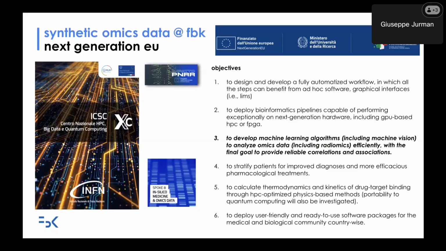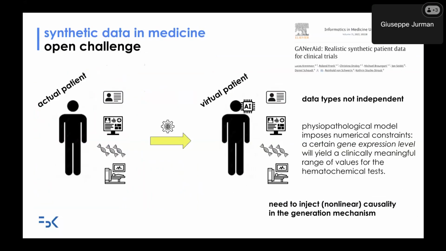So coupling the synthetic production of new omics data with the construction of optimized algorithms for use in high performance computing. And this is the work we are doing together with my group, with Marco Chierici and Silvia Menchetti, whom I acknowledge now.